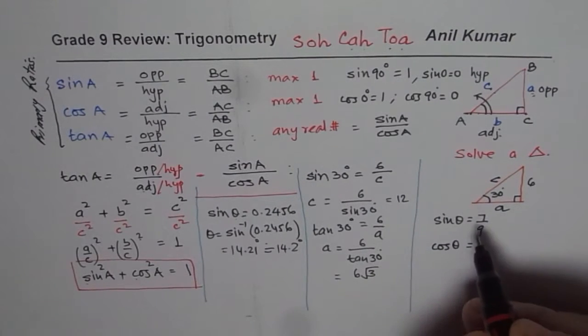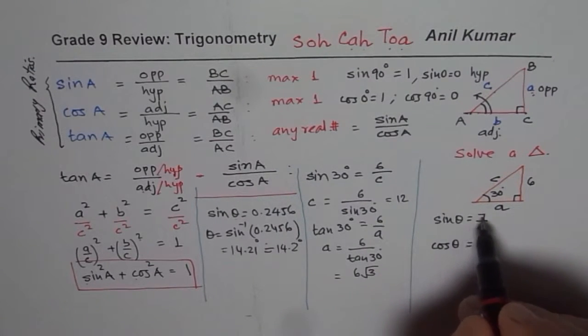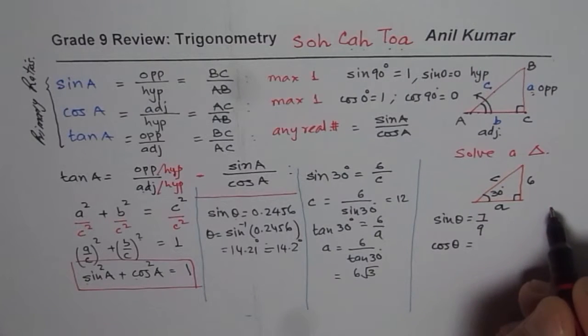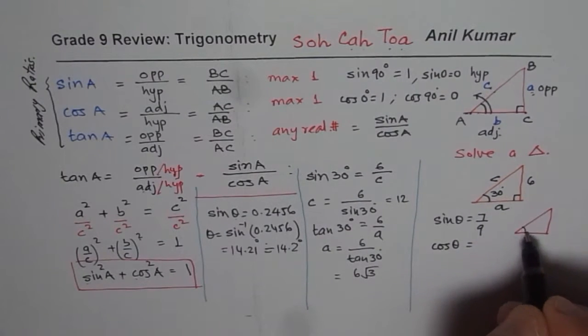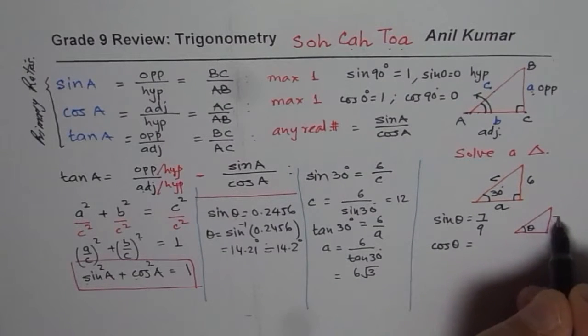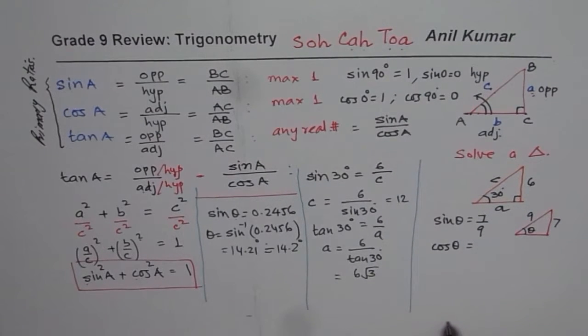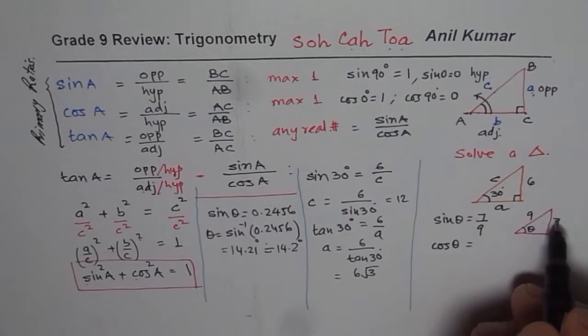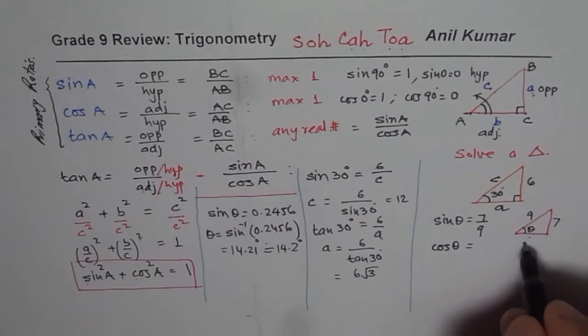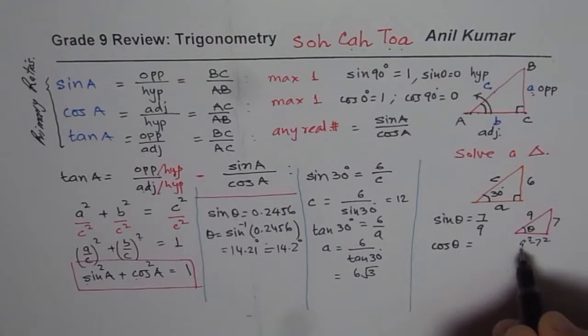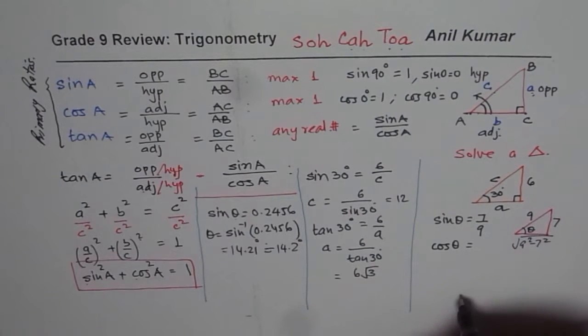When I say sine theta is 7/9, I can actually draw a right triangle, and say let this be the angle theta. 7 is the opposite side, 9 is the hypotenuse. Now from there I can find the third side. The third side is the square root of 9 squared minus 7 squared, using the Pythagorean theorem. This is one way of doing it.